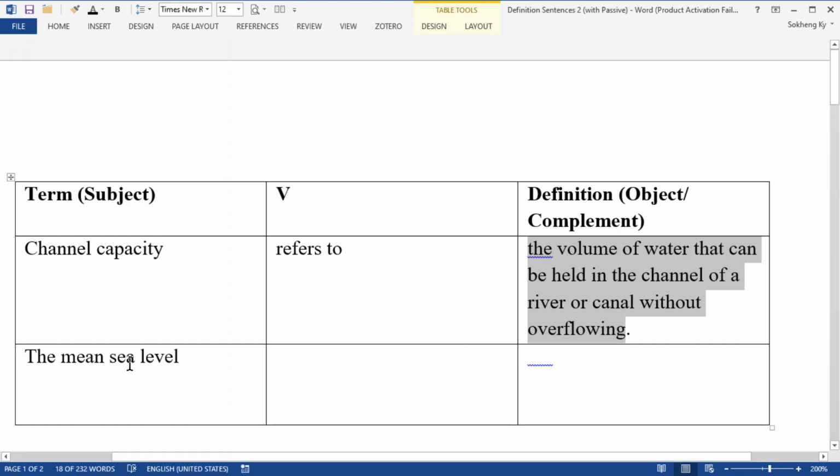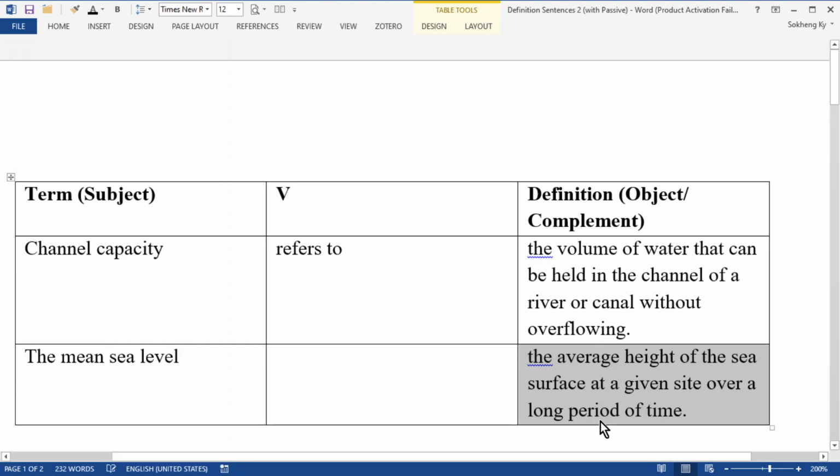Now one more, the mean sea level. Definition here: the average height of the sea surface at a given site over a long period of time. And the verb, of course, we can use the verb to be. We can also use refer to.